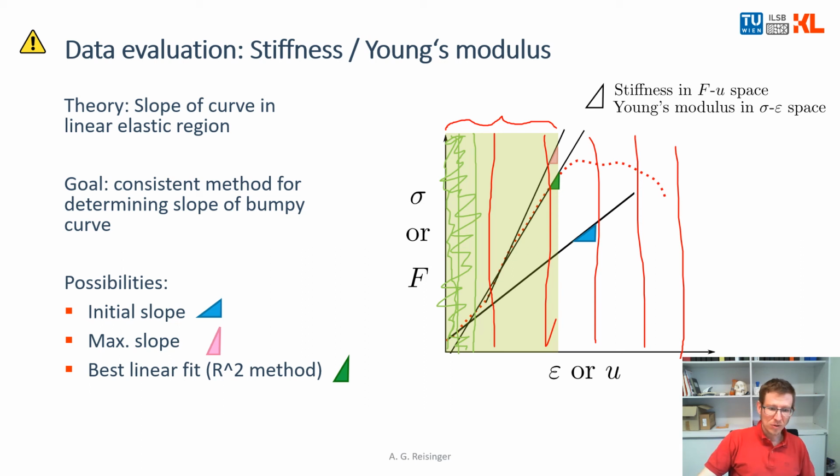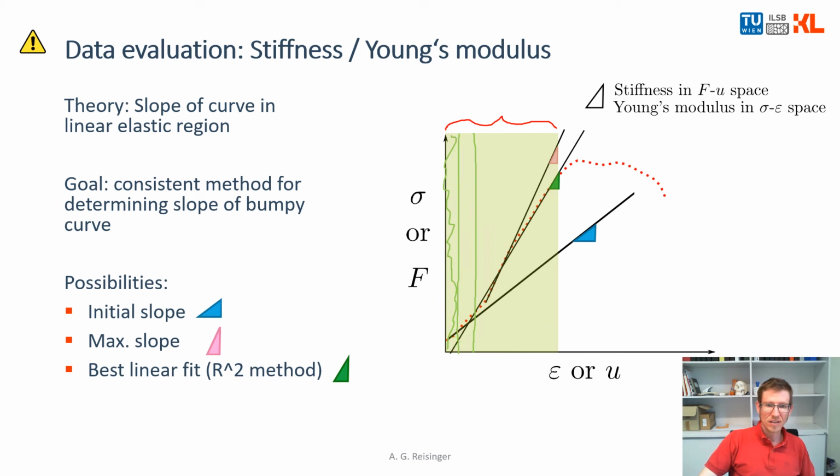And what you get out then, if you put in the line there, is this slope. This is the best linear fit in this window. And you see that is actually in this case the best representation of the data.